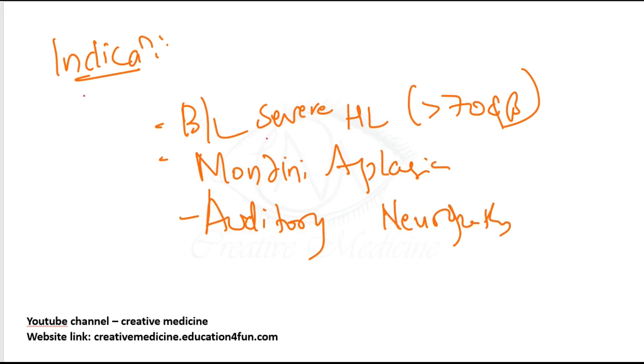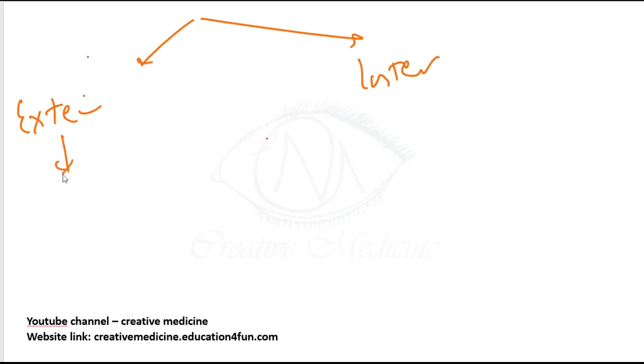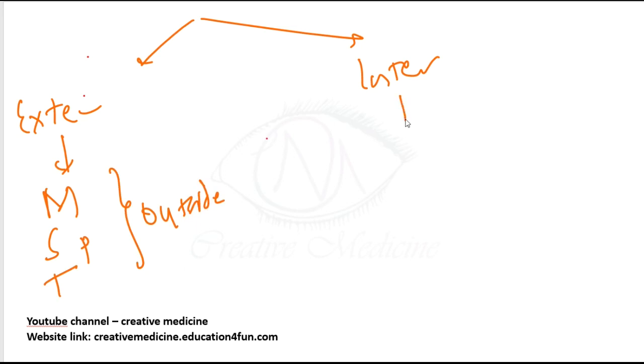In cochlear implants, first and foremost we have two components: an external component and an internal component. The external component contains a microphone, speech processor, and transmitter, and remains outside the body. The internal component has a receiver or stimulator.